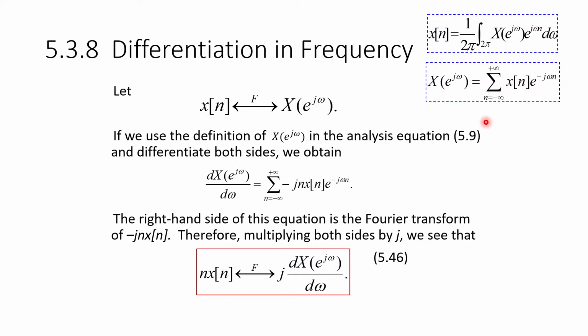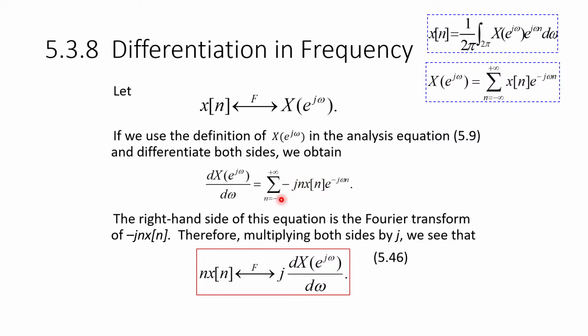Another thing is, this Fourier transform pair is discrete in the time domain, but it's still continuous in the frequency domain. So we can still do differentiation in the frequency domain, and it's basically the same as the differentiation property in the continuous time case, and you get the extra minus jn here.